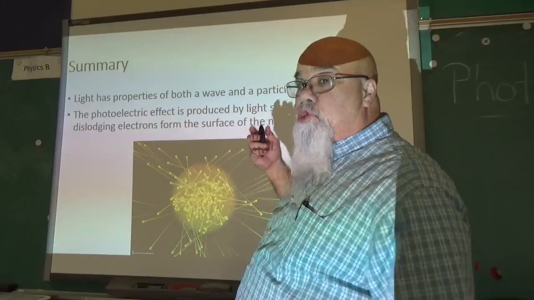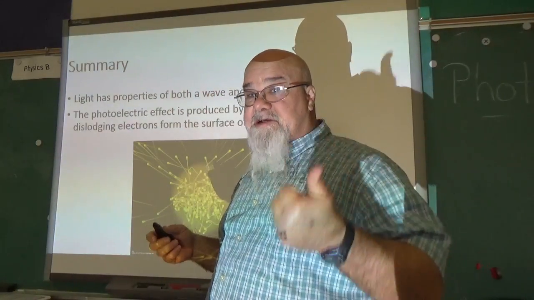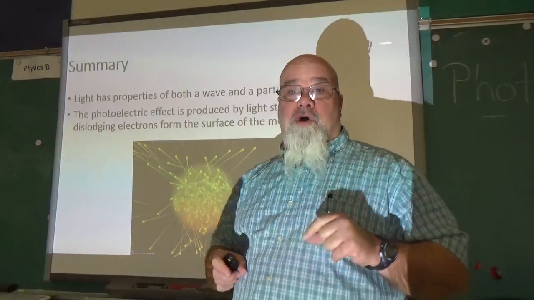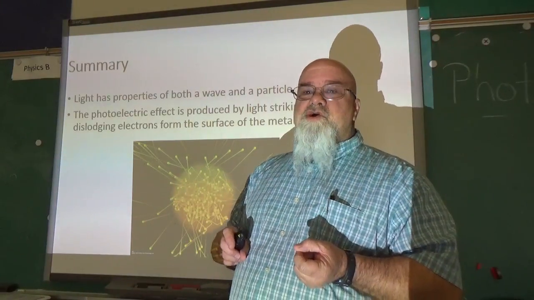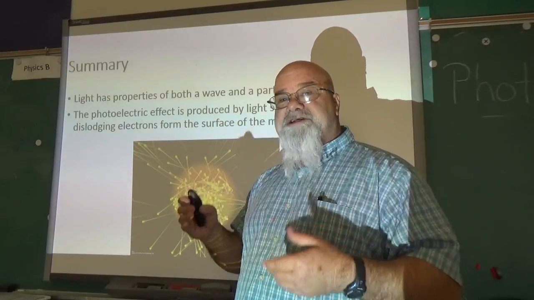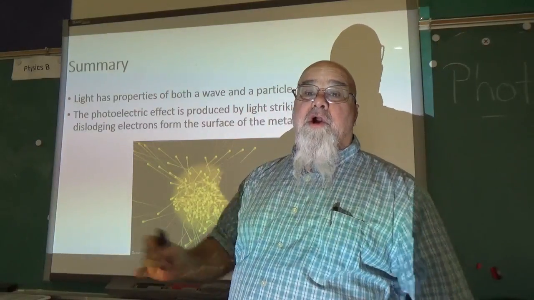So in summary, the two big things we got there is we can look at light two ways. We can look at it as a wave, and we can look at it as a particle in terms of photons. To understand how the photoelectric effect works with metal to eject it, we tend to stick with the idea of looking at it as a particle.